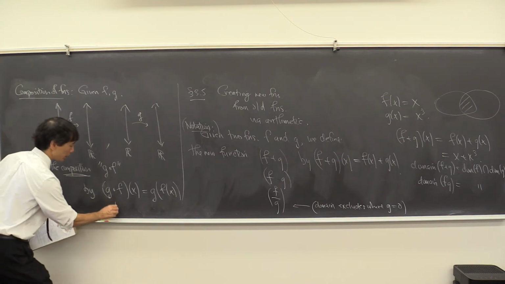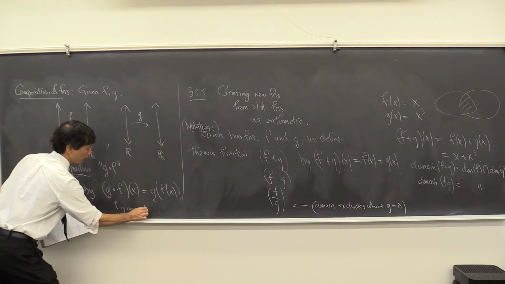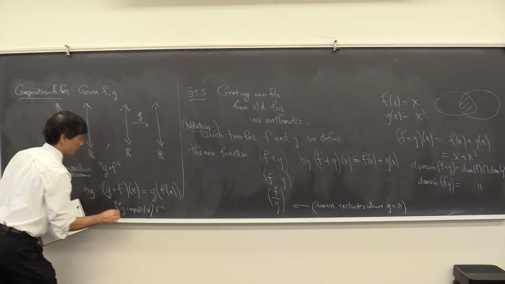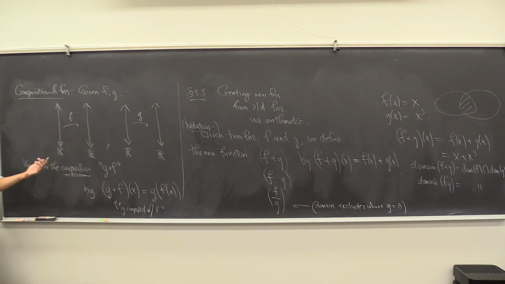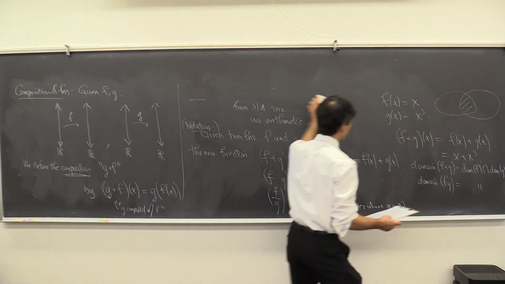So this is read g composed with f. And if I had written it the other way, it would have been f composed with g, if I had written f circle g.